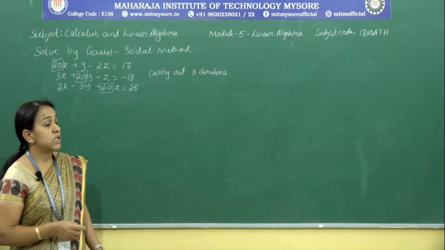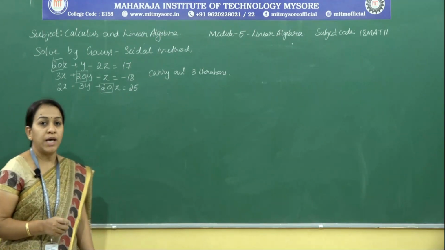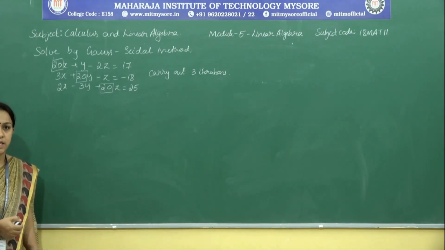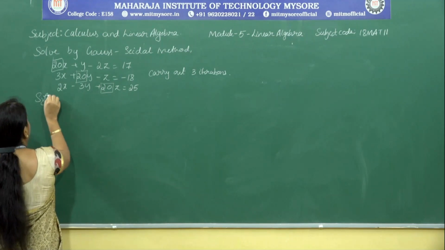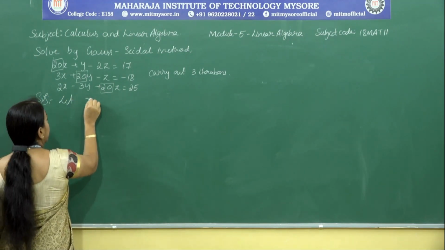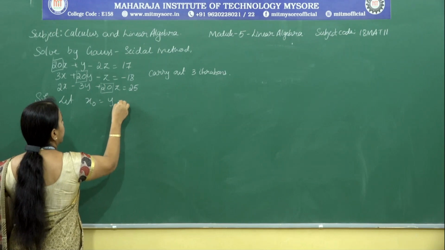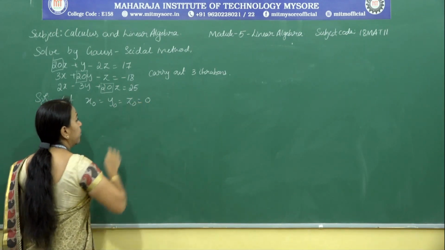So now let me construct the formula for x(r+1), y(r+1) and z(r+1). With that, let the initial values x0, y0 and z0 be 0.